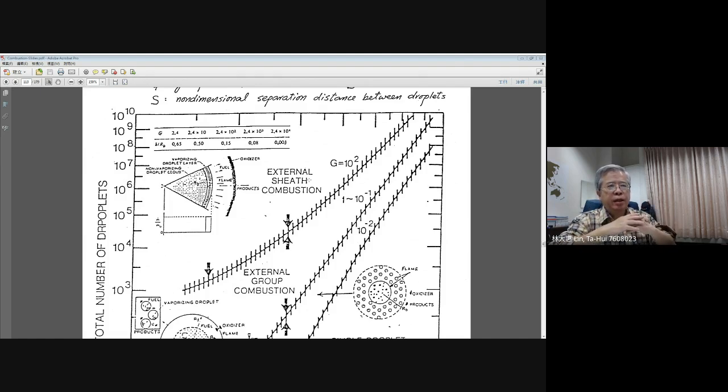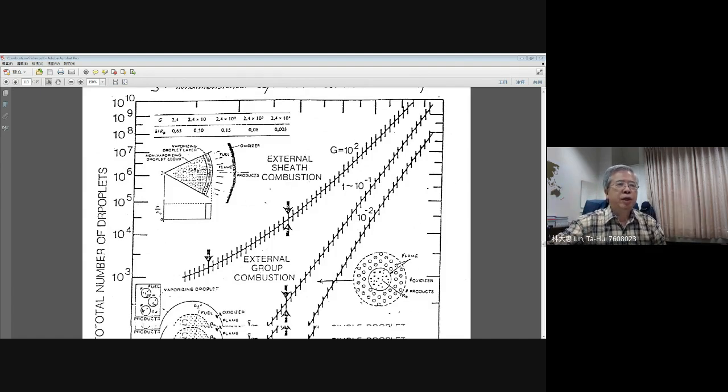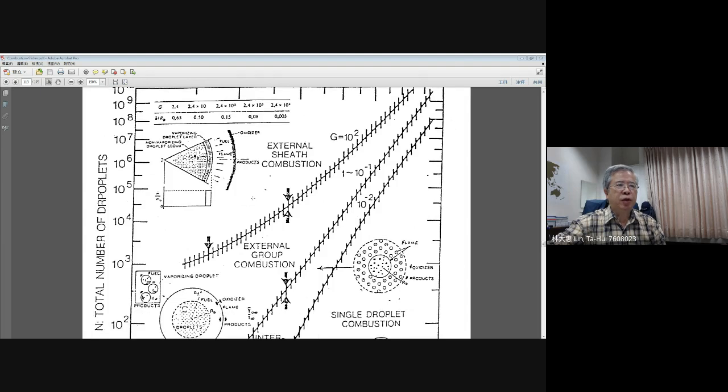In this sense, more heat can penetrate into the spray core to make all droplets inside the core start to evaporate. Then they can support the fuel vapor coming from the center portion to the outer surrounding. Then we call this the so-called external group combustion.